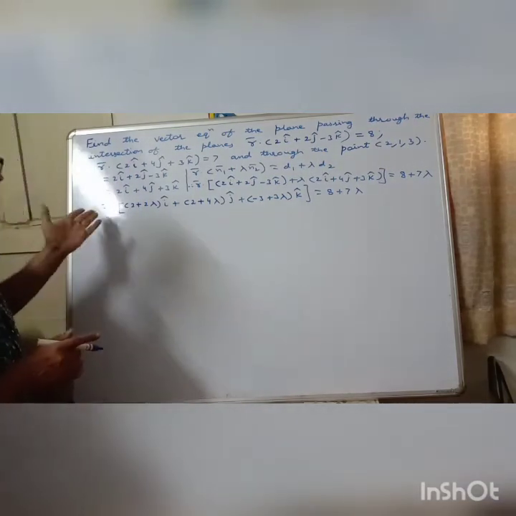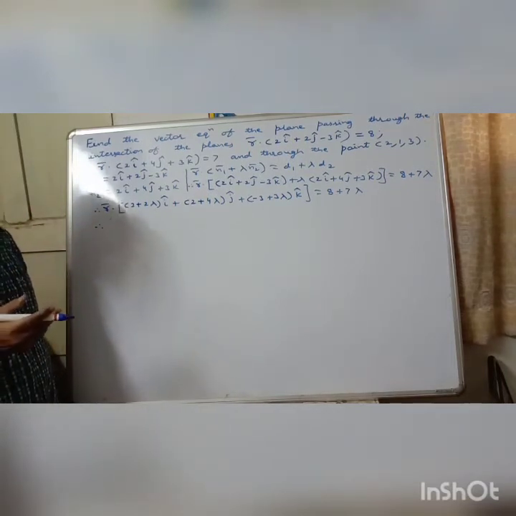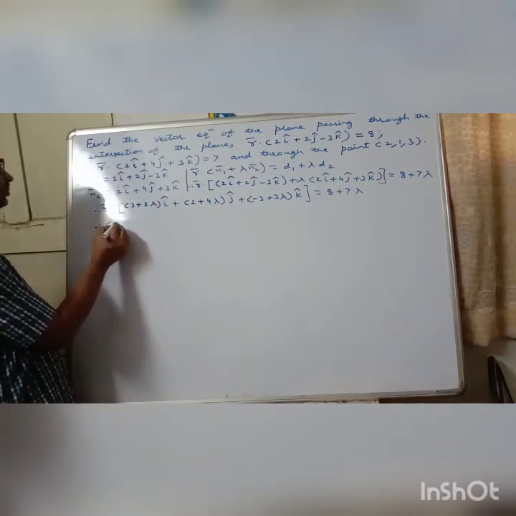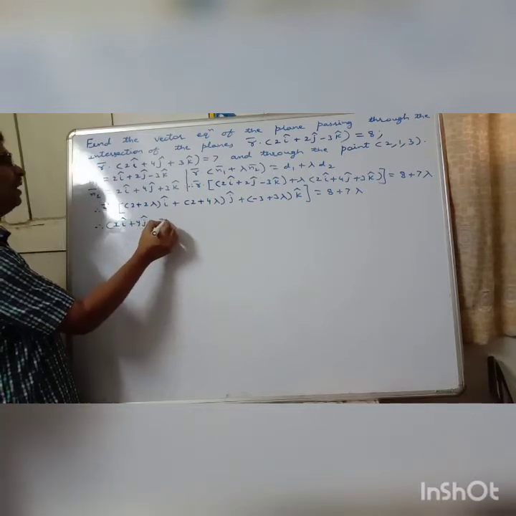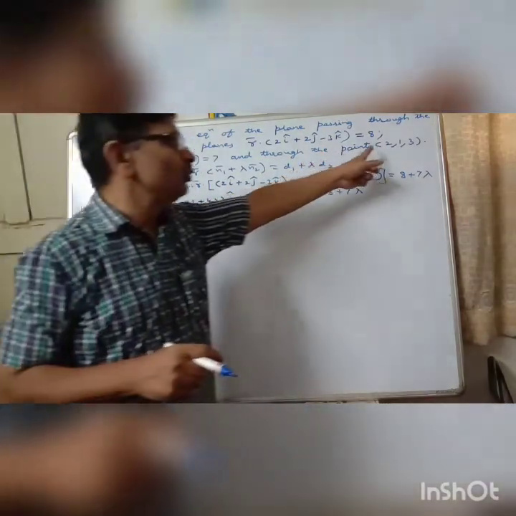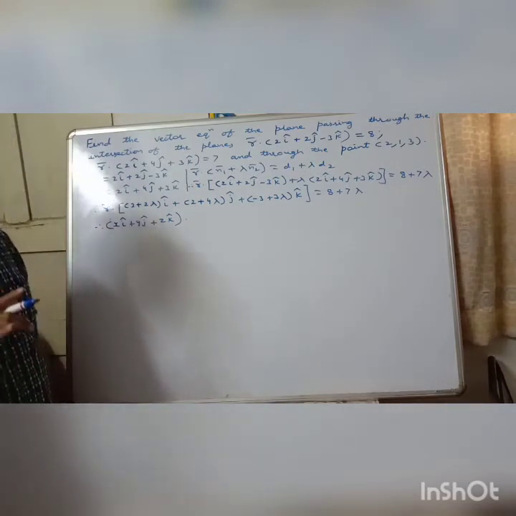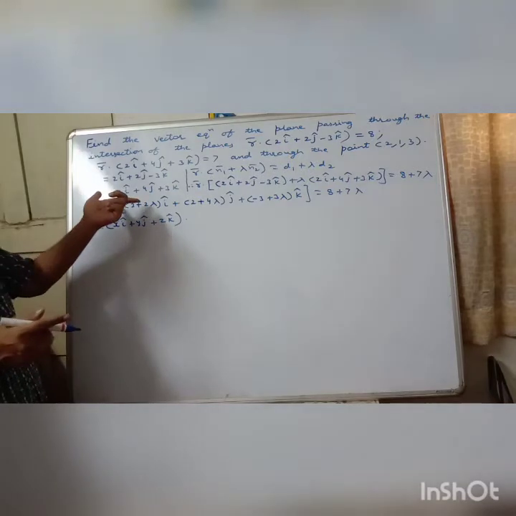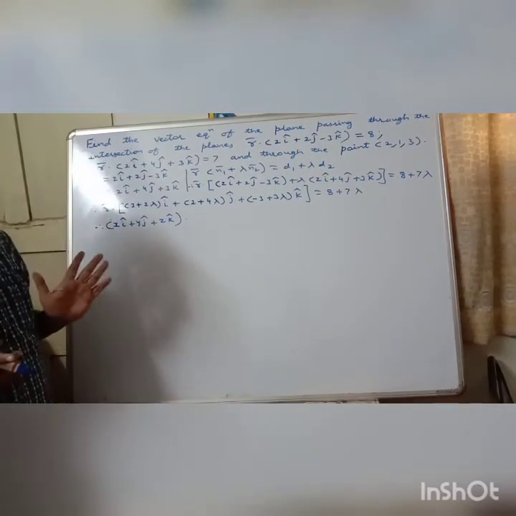For that purpose, suppose capital R is a point in space whose coordinates are x, y, z. Then its position vector is xi plus yj plus zk. We have to use values of x, y, z so that we get value of unknown lambda. For that purpose, we have to convert equation of plane from vector form into Cartesian form.